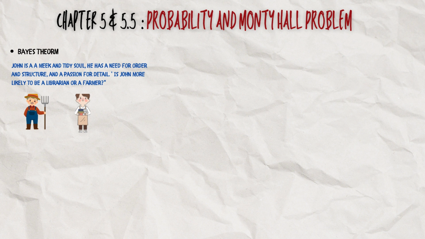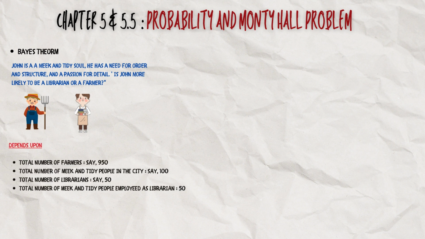Say, in this particular village, there were 1,000 people, and 950 of them were farmers, and only 50 of them were librarians. And say there were 100 people out of this sample population of 1,000 who fit into this particular personality type.